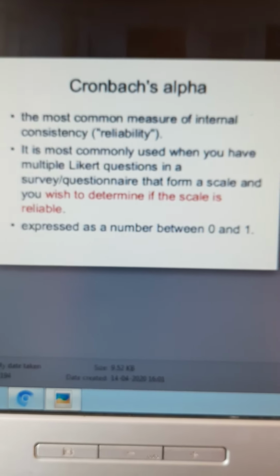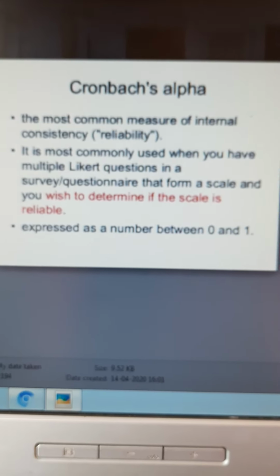If the reliability is poor, below 0.6, you have to remove certain sentences, or you have to reframe certain sentences, and then you have to test it again. Only after getting the reliability score will you be able to do your field work.